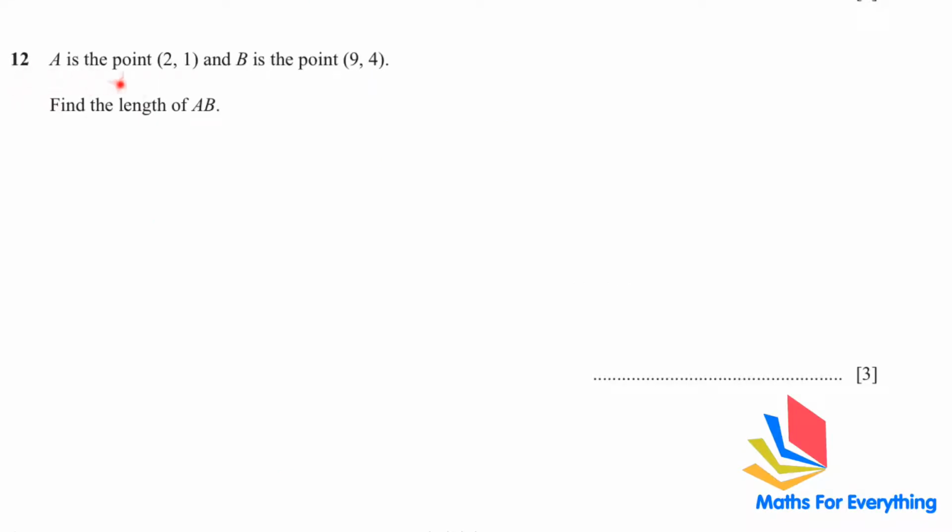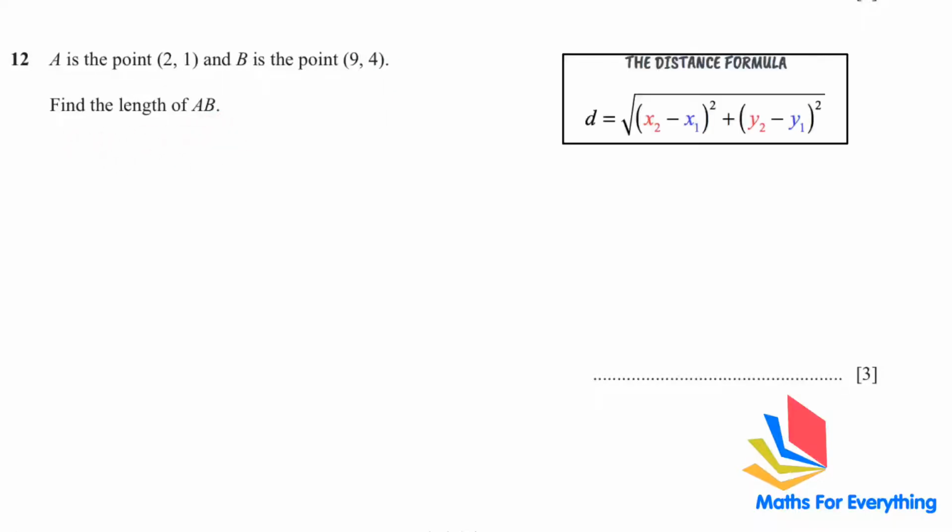Question number 12. A is the point (2, 1) and B is the point (9, 4). Find the length AB. To find the length, we use the distance formula, which is square root of (x2 minus x1) squared plus (y2 minus y1) squared. We will write the points in another way: 2, 1 and 9, 4.